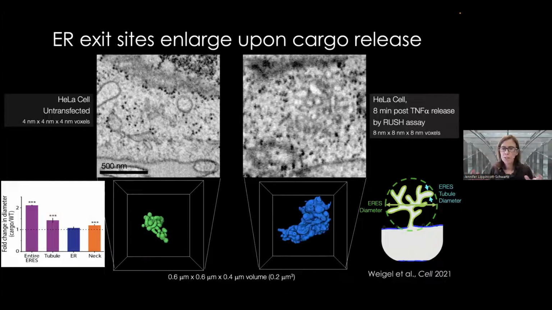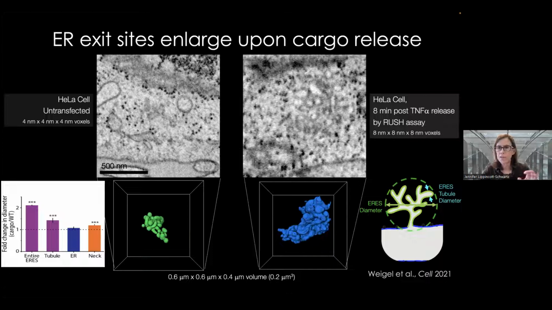Rather, they basically just increase their size. So the exit site diameter grows, and the tubule diameter also slightly grows. But otherwise, it remains still connected to the ER and has the other overall features of an ER exit site in a control cell. So that was really interesting.